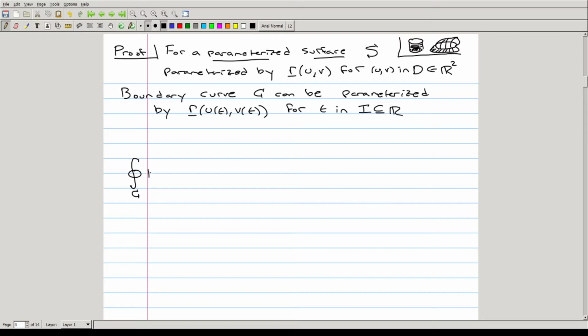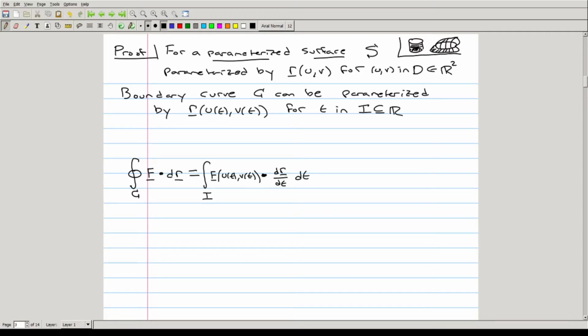We start with the circulation of f dot dr around the boundary C. When we evaluate this, it will be the same as the integral over the set I of f of u of t, v of t, dotted with dr dt, dt.